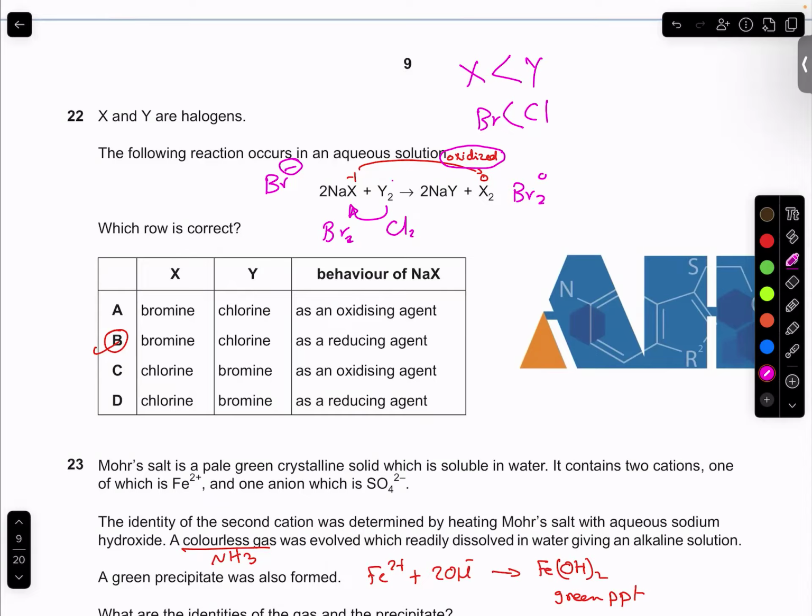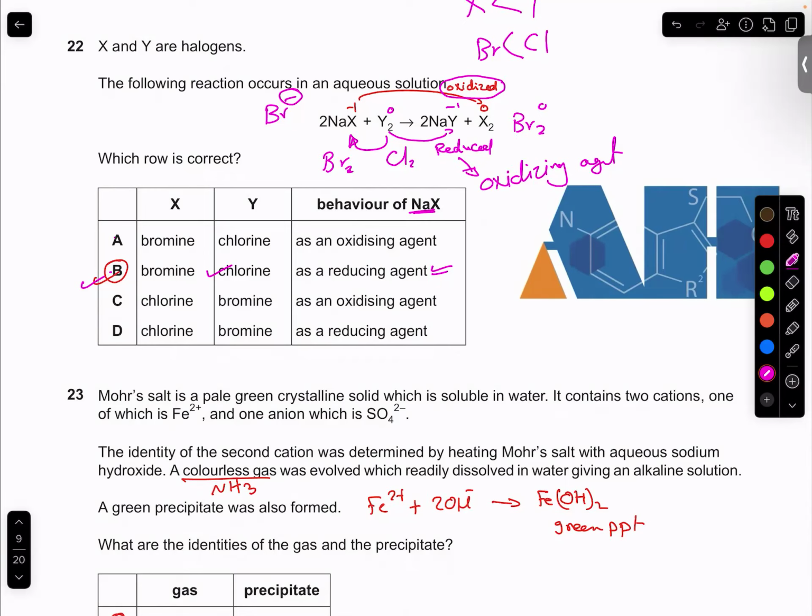At the same time, Y was 0 and becomes -1. So Y is reduced, so it acts as an oxidizing agent. So X is bromine. The answer is A or B. Y is chlorine, and NaX acts as a reducing agent since bromine has been oxidized from -1 to 0.